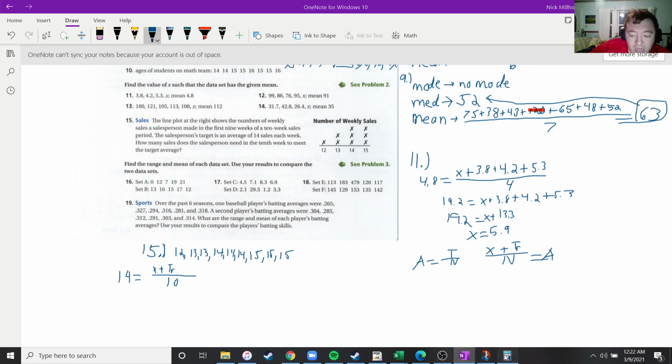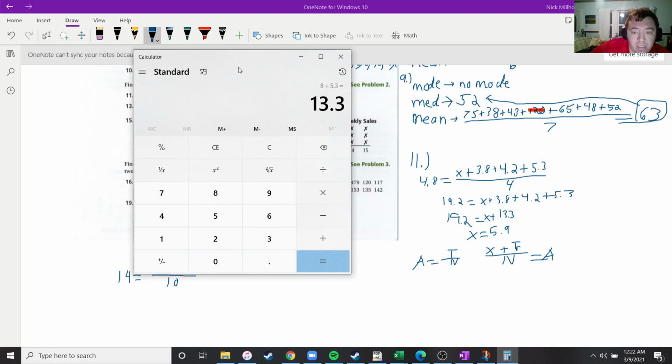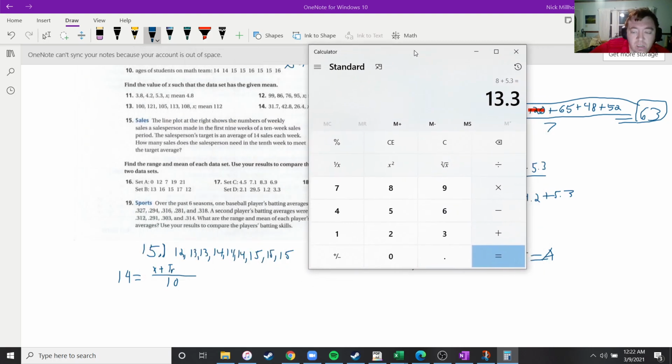Alright, so I'm going to add up the total of all the rest there. You got 12 plus 13 plus 13 plus 14 plus 14 plus 14 plus 15 plus 15 plus 15.